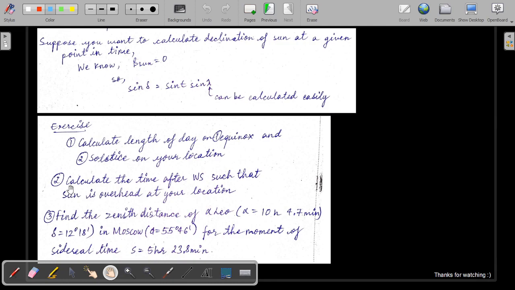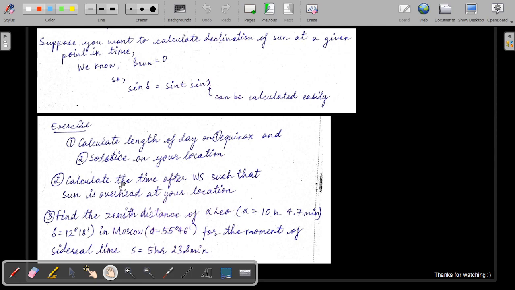Yeah, so at the conclusion of this lecture, I am giving three exercises. First is calculate the length of day on equinox and solstice at your location, on winter and summer solstice both. And second is calculate the time after winter solstice such that the Sun is overhead at your location.